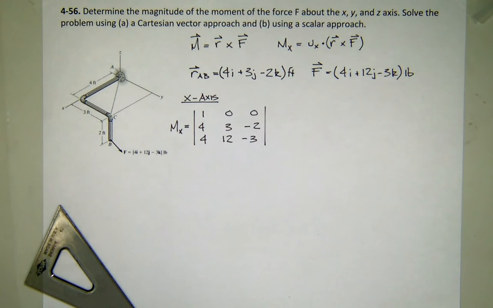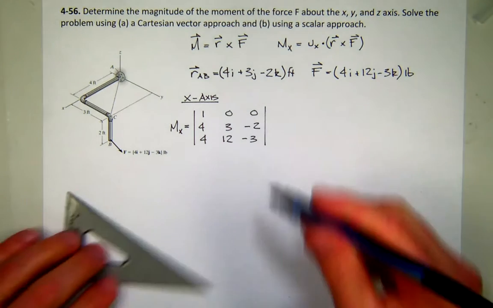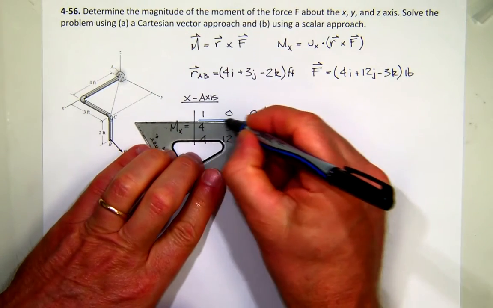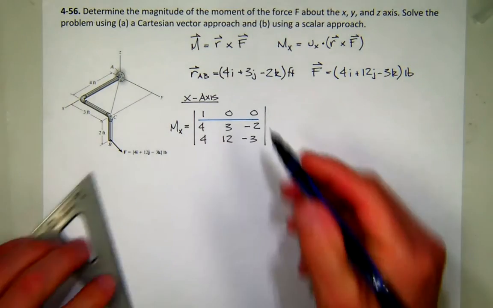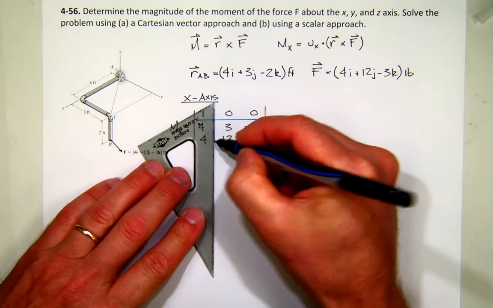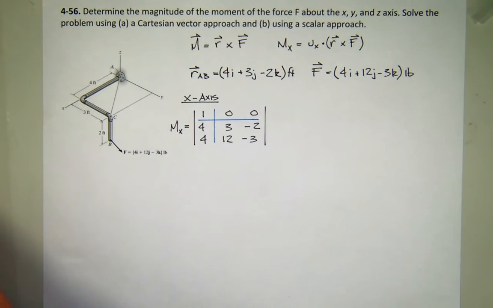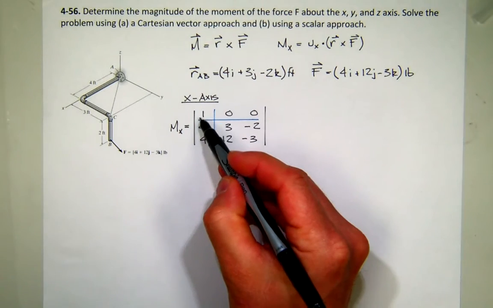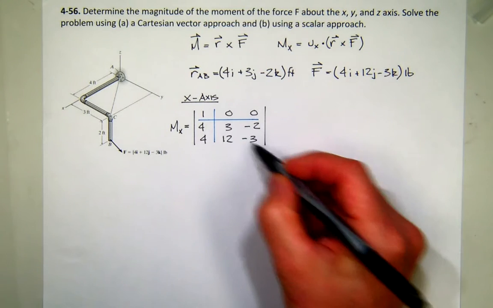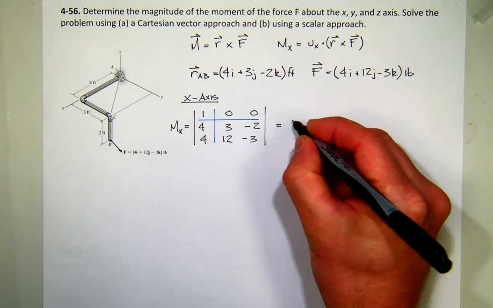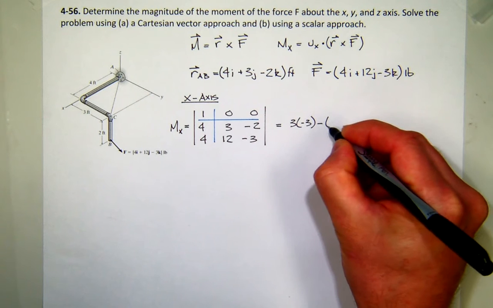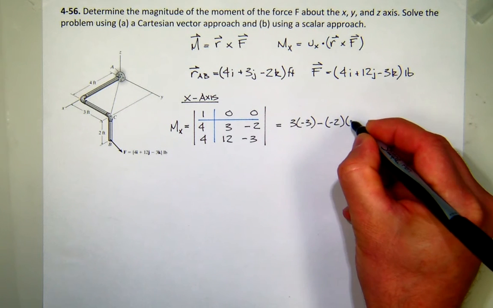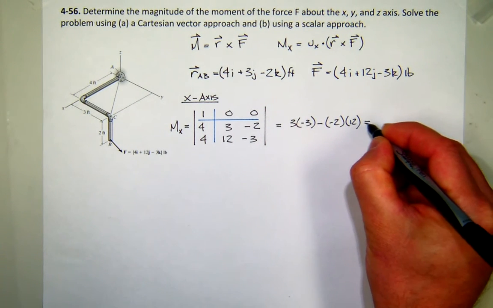Now remember, when we do the determinant, we isolate the first row and column. In this case, the only term that's going to survive is the first term associated with 1. So it's just going to be 3 times minus 3 minus minus 2 times 12.